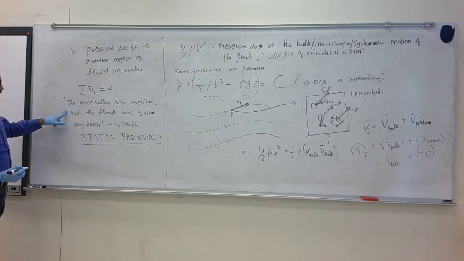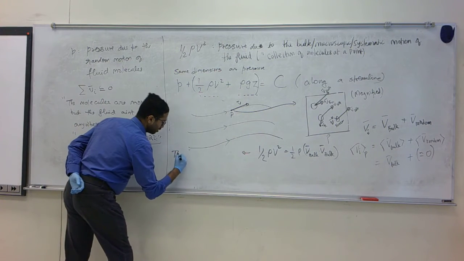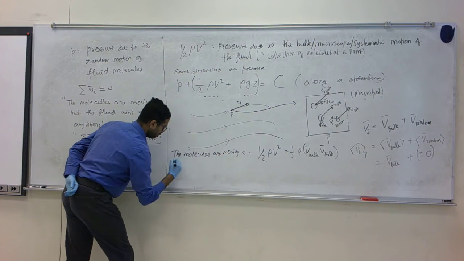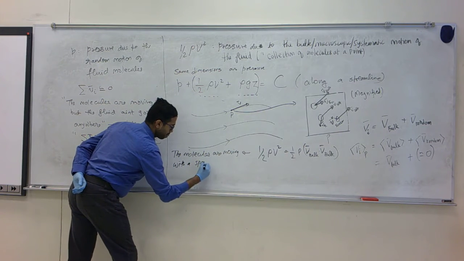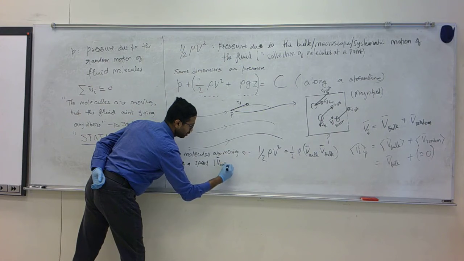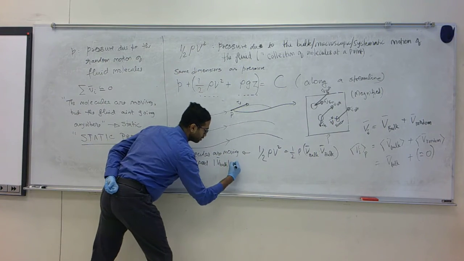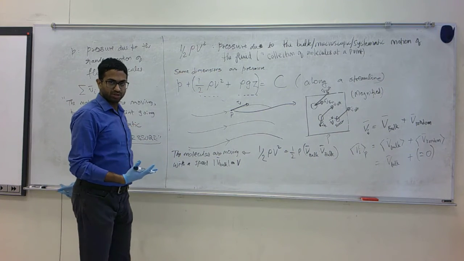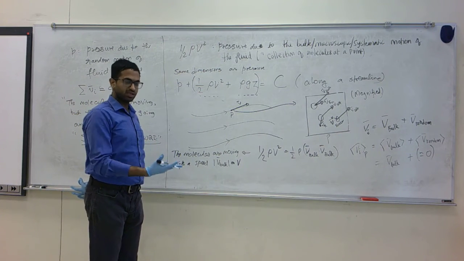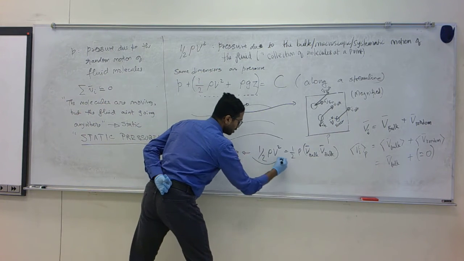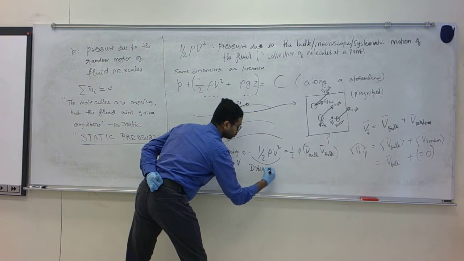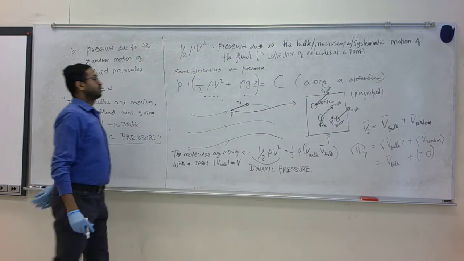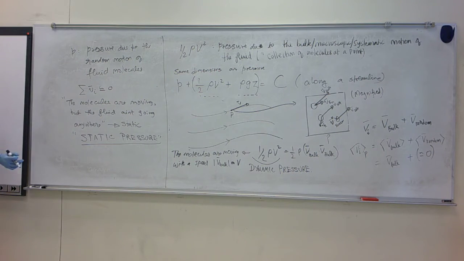If I have to write a similar statement to this, it's because the molecules are moving with a speed v bulk, or simply v, and because it's related to their motion, or their dynamics, which is change, this half rho v squared is called the dynamic pressure.